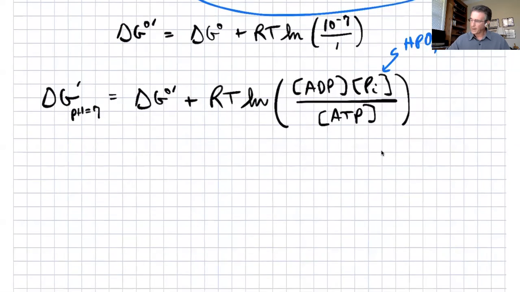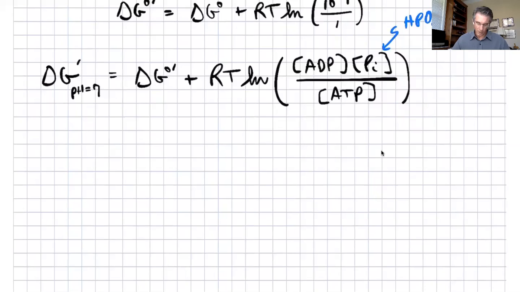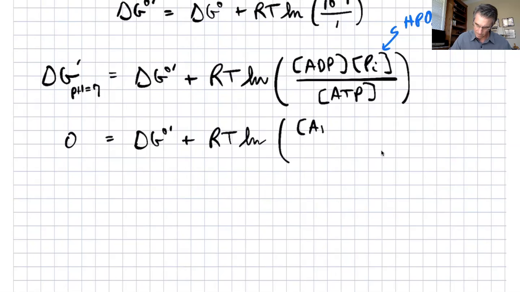So what about at equilibrium? At equilibrium, as we saw last time, the free energy change would equal 0. So if we're at equilibrium in buffered conditions, that now has to equal delta G naught prime plus RT log, where we would now be at the equilibrium concentrations of these substances at pH 7.